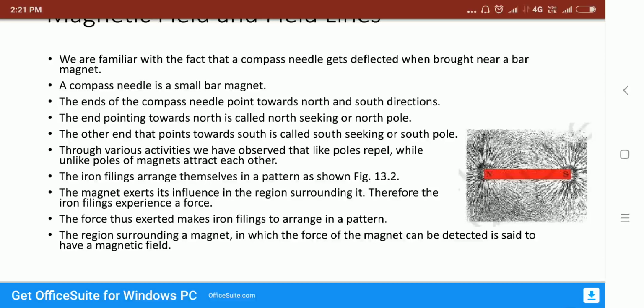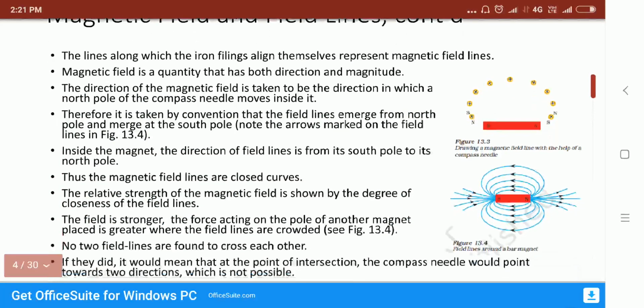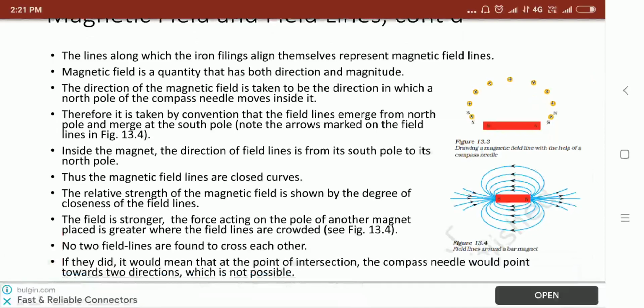It means a stronger force exists. And where the magnetic field lines are less dense, it means less magnetic force exists. So the region around a magnet where the force of the magnet is detected is known as a magnetic field, and the pattern that is generated is known as magnetic field lines.